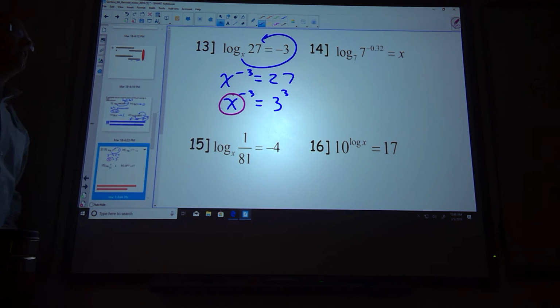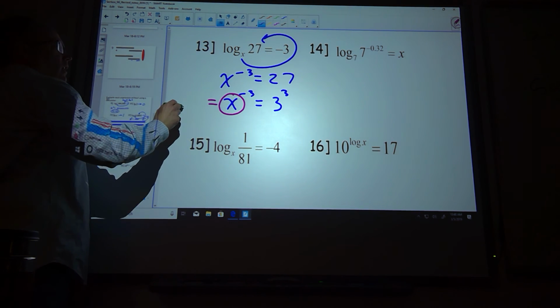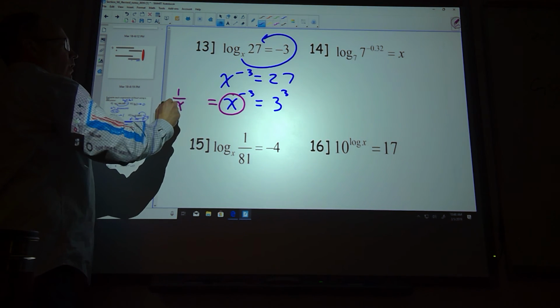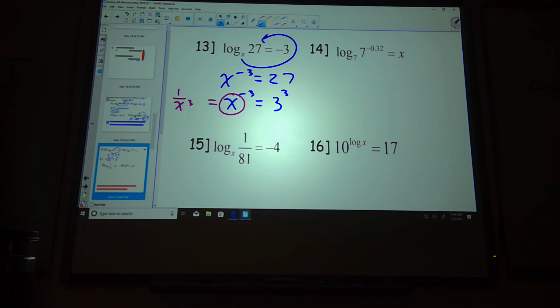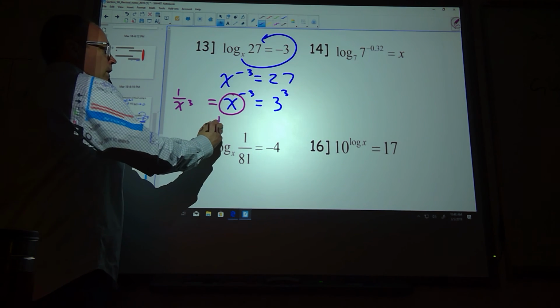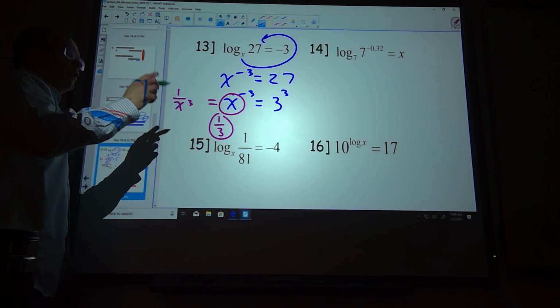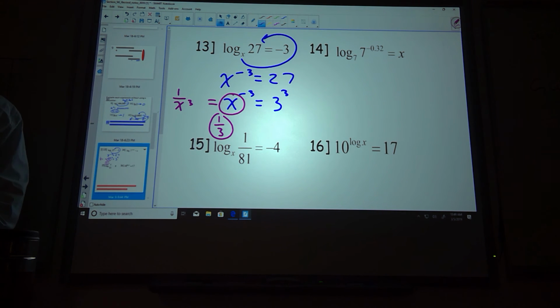If I have an x like this right now, it gives me 1 over x to the 3rd. So it's a negative exponent, and this has to be 1/3. 1/3 to the negative 3 is the same thing as 3 to the 3rd. 3 to the 3rd is 27.